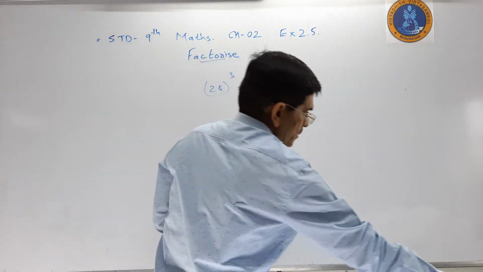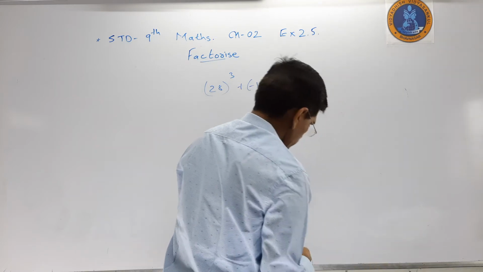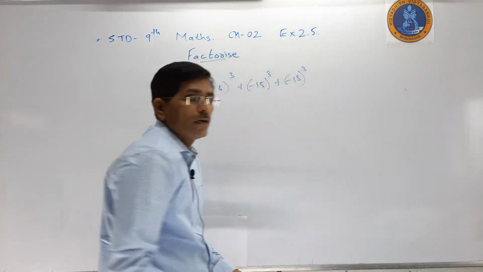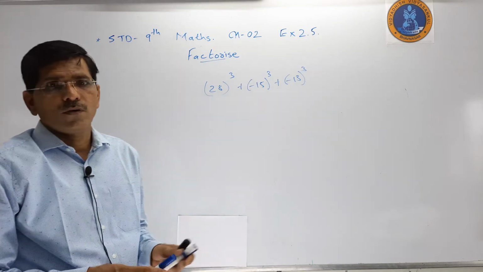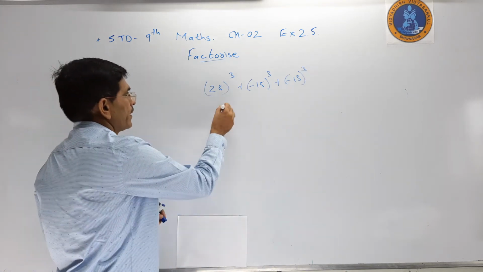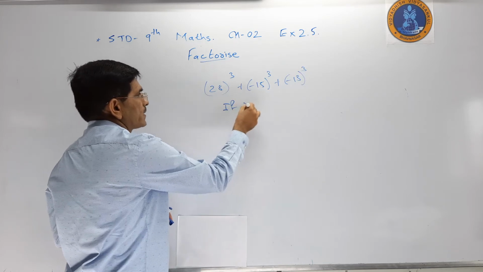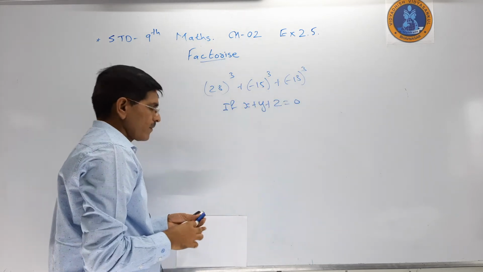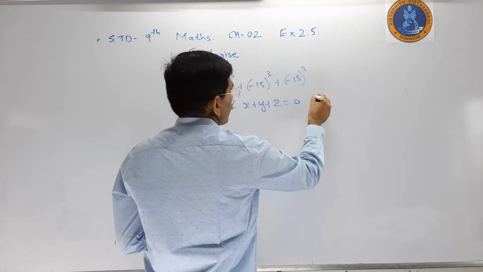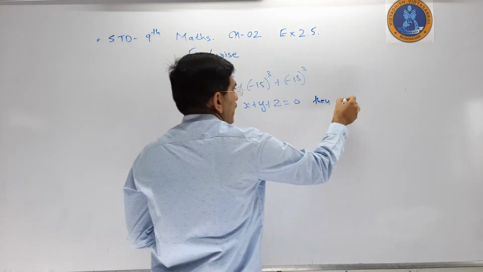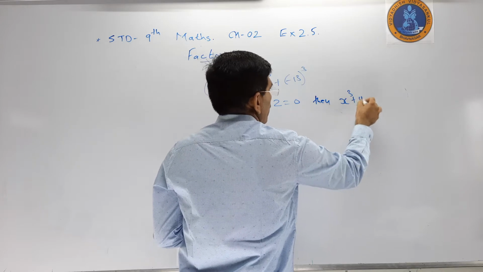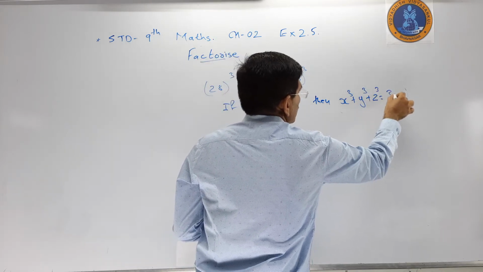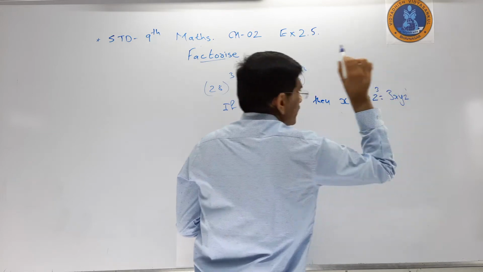Now we just have to prove that the sum of the three digits is 0. So if x plus y plus z is equal to 0, then x cube plus y cube plus z cube is equal to 3xyz.